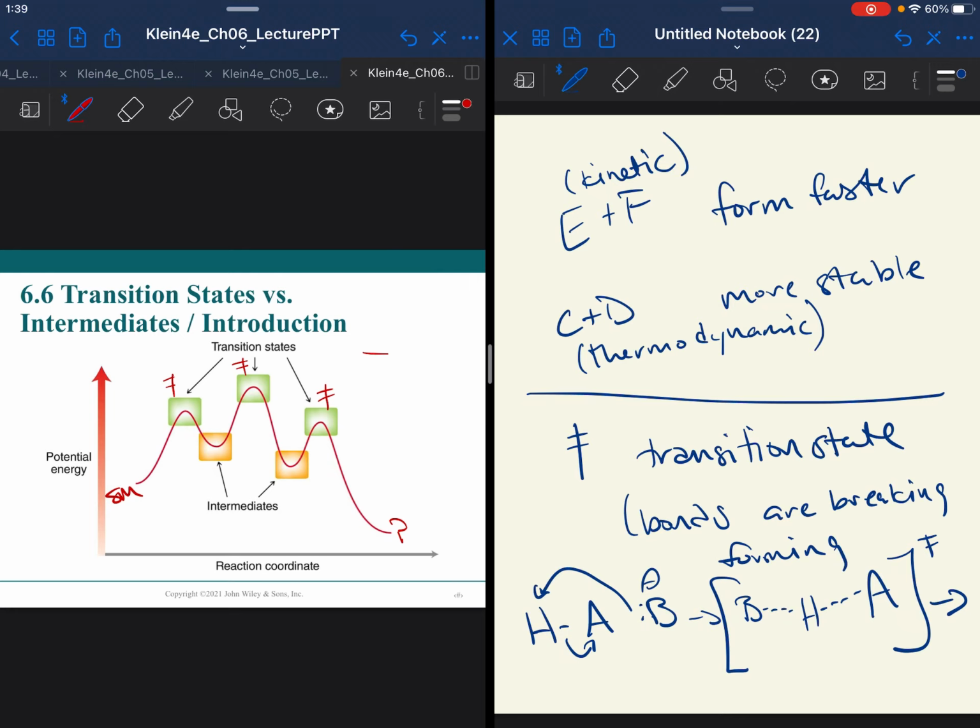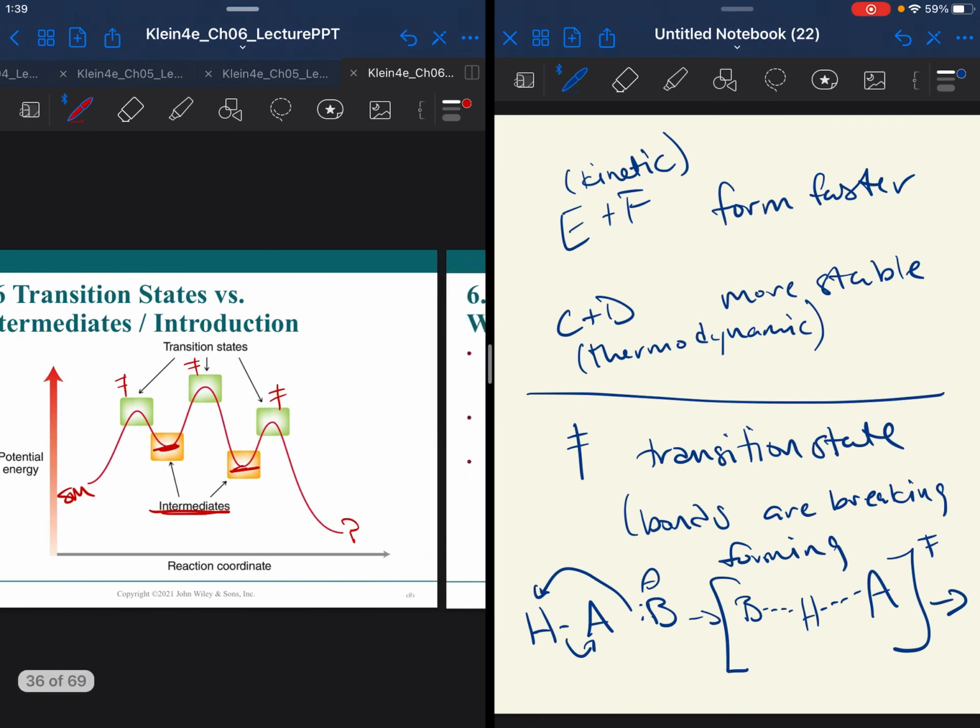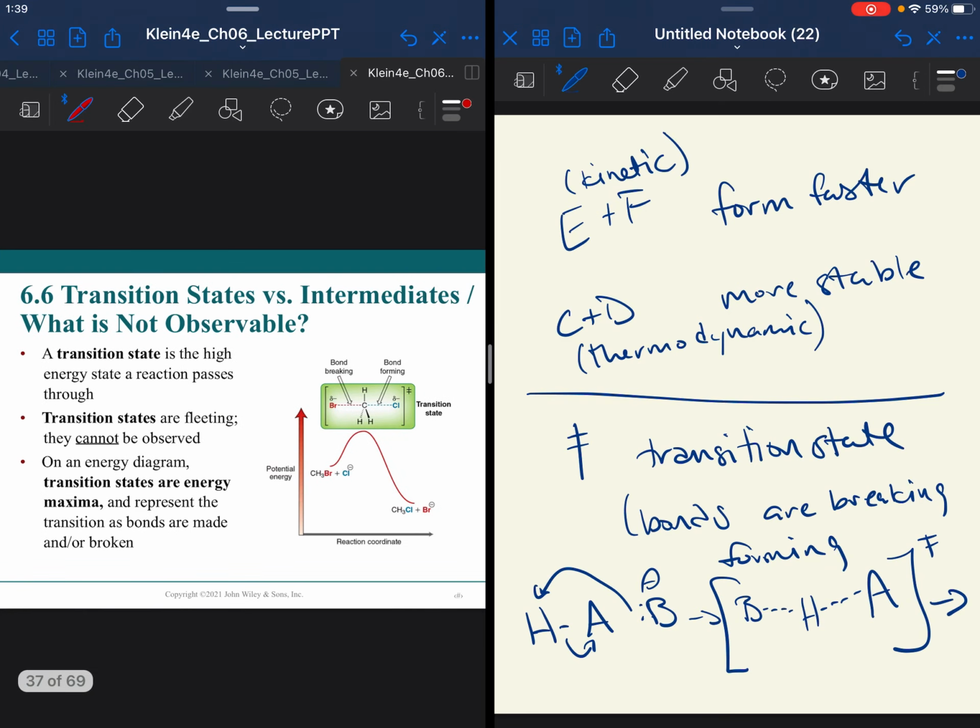There are no intermediates when you just have a reaction diagram that goes start to finish. But we are going to look at more complex reactions that have multiple steps, and then there are going to be intermediates. Intermediates are more stable than transition states, not usually as stable as starting material and products. So a lot of times your cation and anion intermediates will be these kind of local minima.